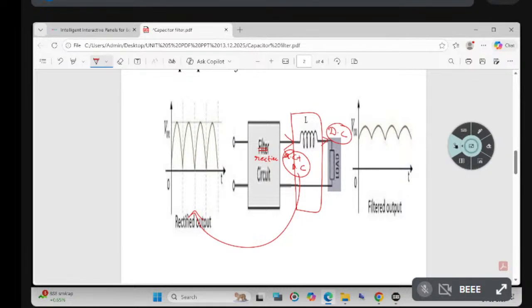Still we get AC plus DC component, but the percentage has been reduced.